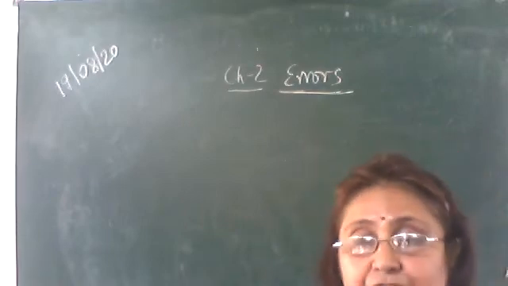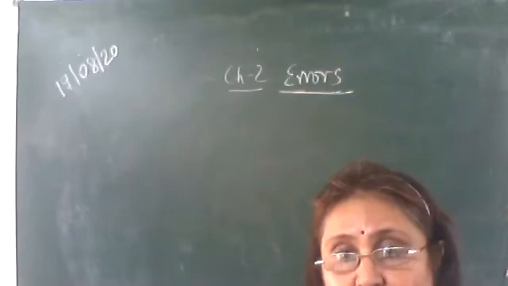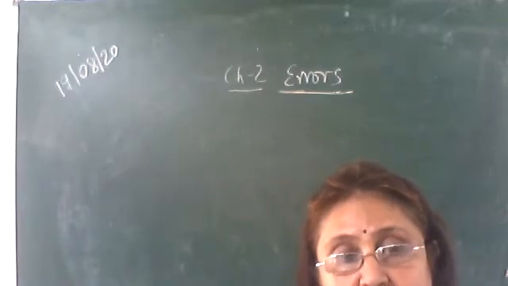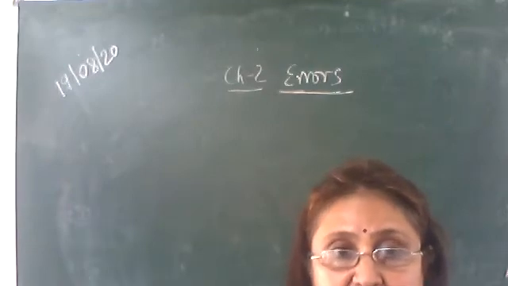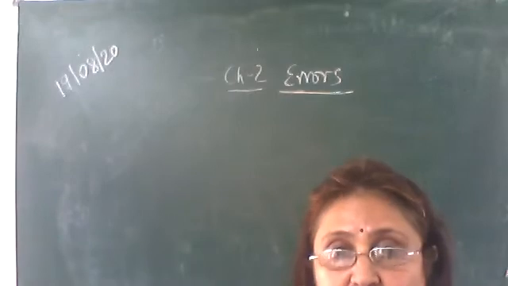For example, if you are using a meter scale, we know that in 1 centimeter there are 10 millimeters. Now suppose there is some defect in the instrument and instead of 10 millimeters there are only 9 fine lines, so 1 centimeter is equivalent to 9 millimeters only.